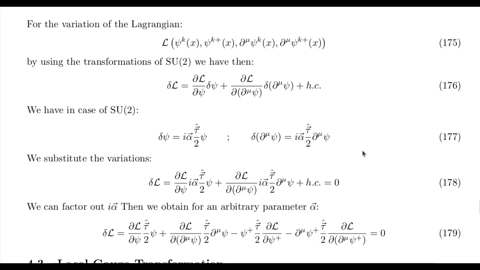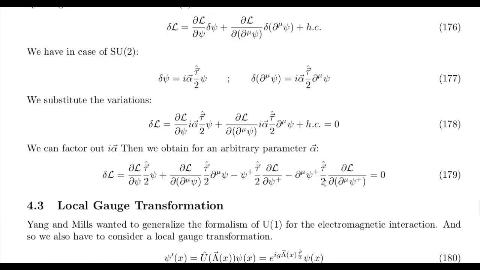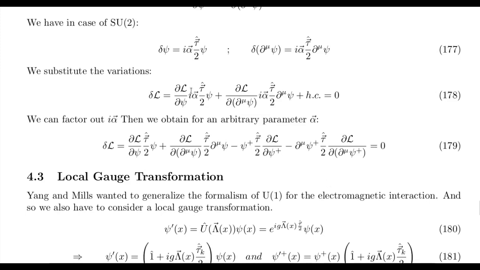Then we substitute the variations in 176 and get 178. Then we can factor out i alpha in each addend here, or we can divide by i alpha, and so this big sum here must vanish, must be 0, 179.